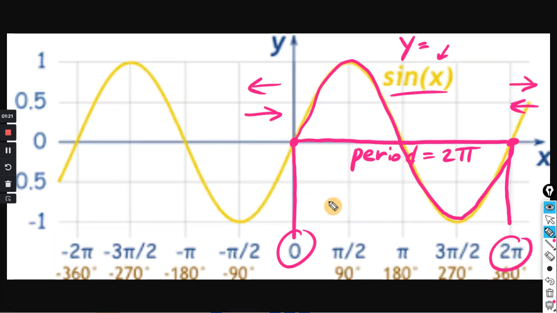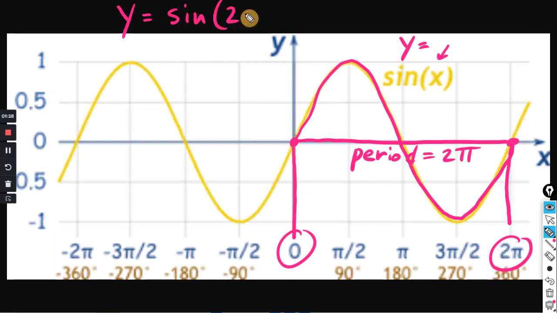As a quick example, let's say instead of y equals the sine of x, we did y equals the sine of 2x. When you multiply x by a number that's greater than 1, it compresses the graph from left to right, by a factor of 2.